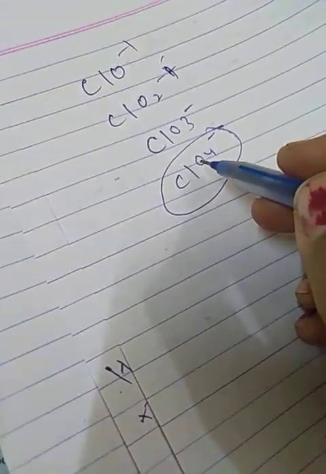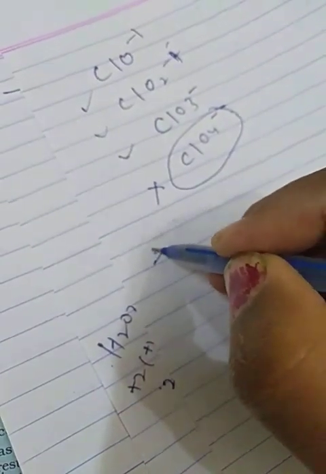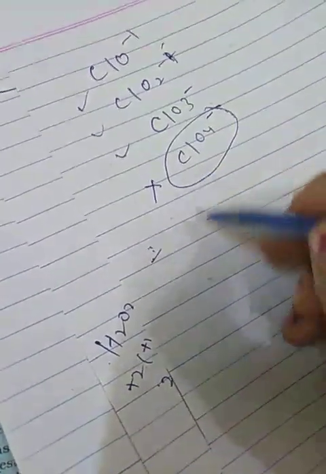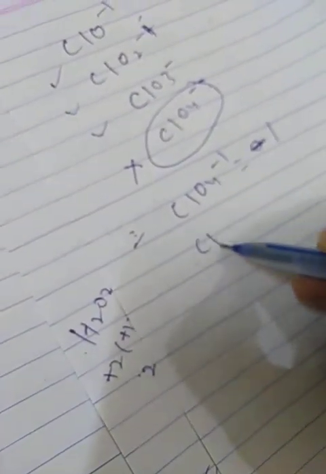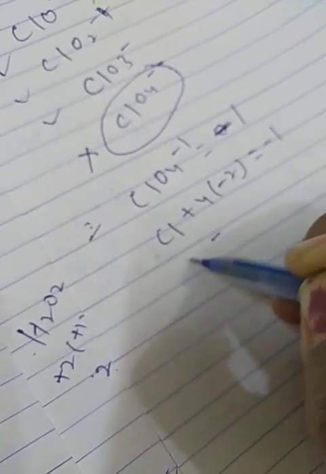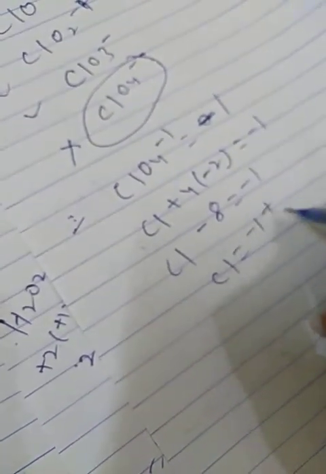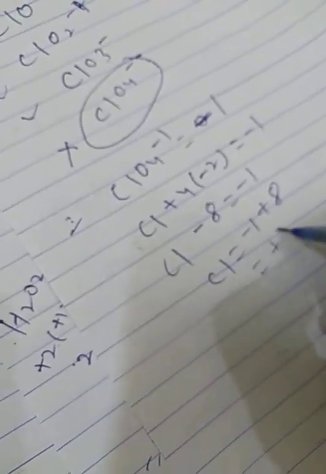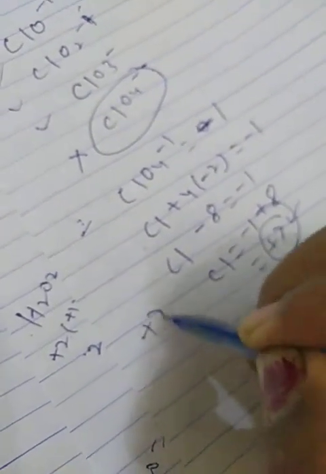does not disproportionate; this is not a disproportionation reaction. Why? Because you have to see the oxidation state. It is having the maximum oxidation state. See, ClO4 minus 1: Cl plus 4 times minus 2 is equal to minus 1, Cl minus 8 is equal to minus 1, so Cl is equal to plus 7.